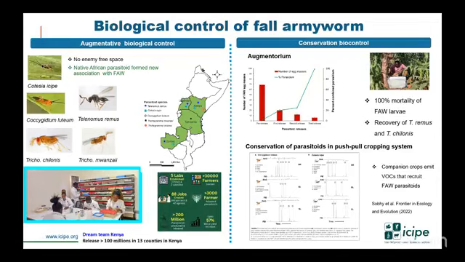Then, having tested the parasitoid with the push-pull system, of course, the suppression traits of the companion crops, like desmodium and the grasses, are well established. But we also found that the volatiles emitted by these plants recruit parasitoids that help further in suppression of this pest.